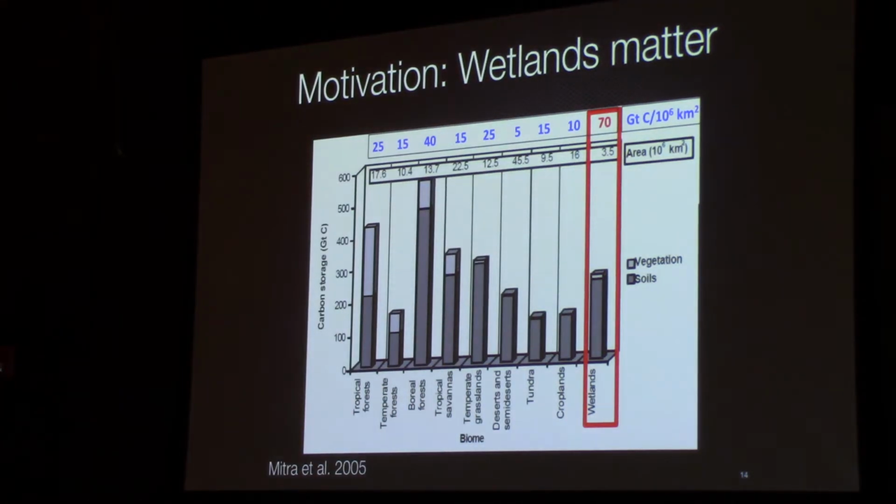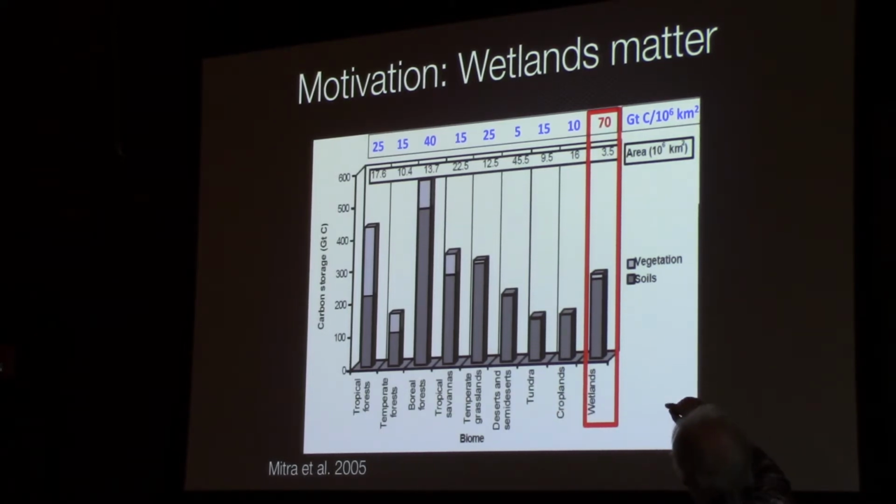So one way to look at their role globally is to look at how much carbon is buried globally in these systems. And this paper came out a little over a decade ago, actually quantifying this for different kinds of systems across the world.